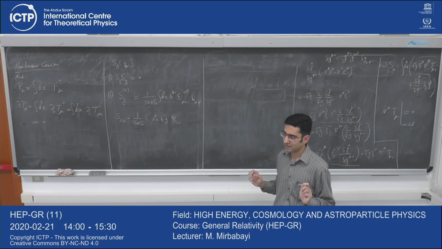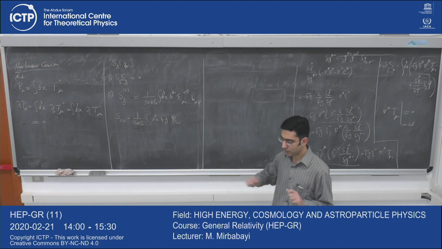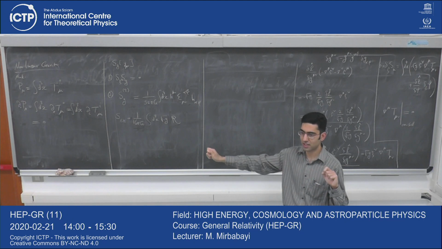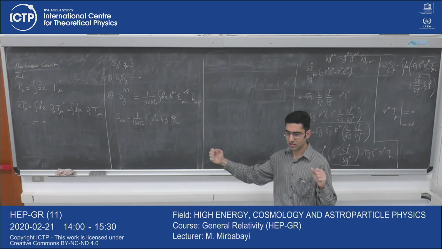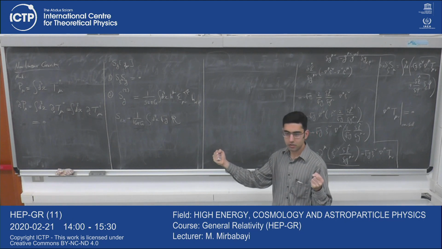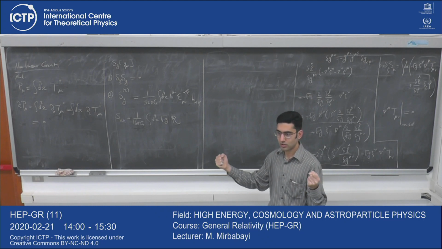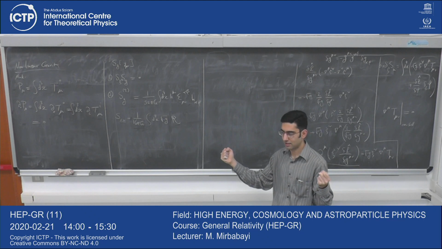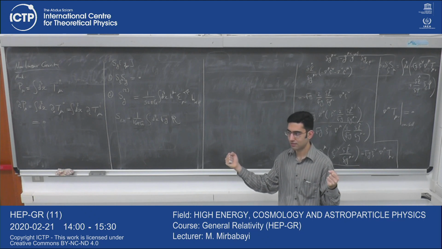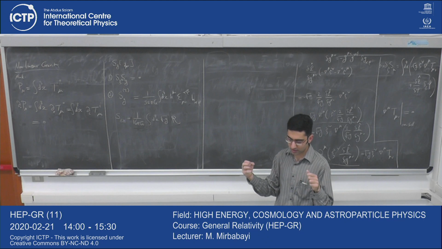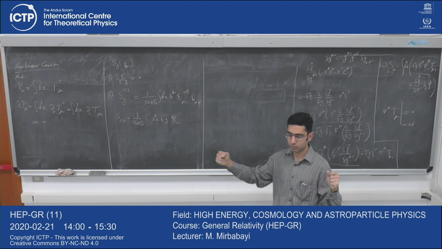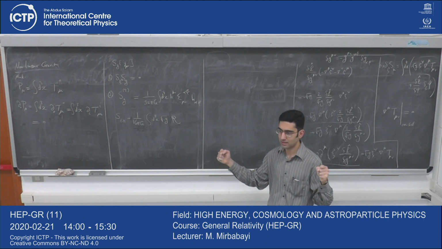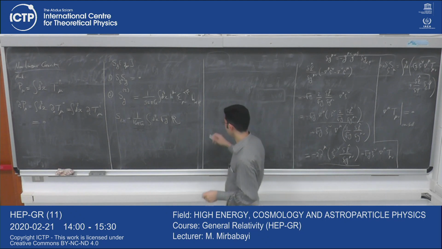Then that's an infrared modification, because at distances larger than the mass, the behavior of gravitational force is dramatically modified if the graviton has a mass, right? You know that if the force carrier has some mass, then the potential or the force that you get will be exponentially suppressed at distances larger than the mass.